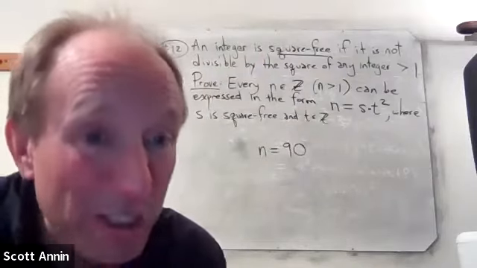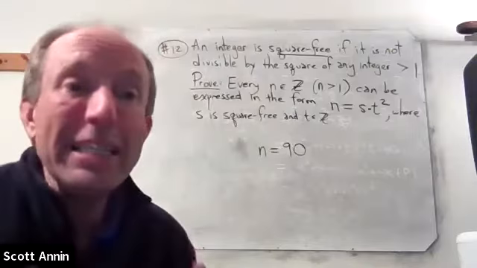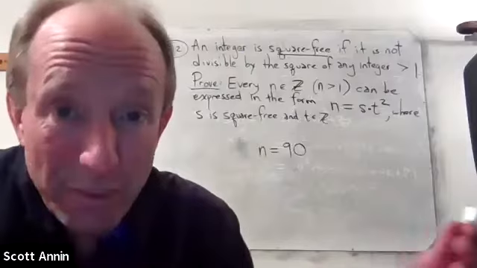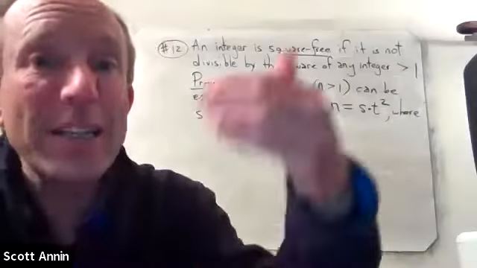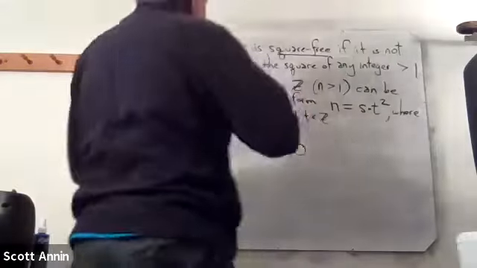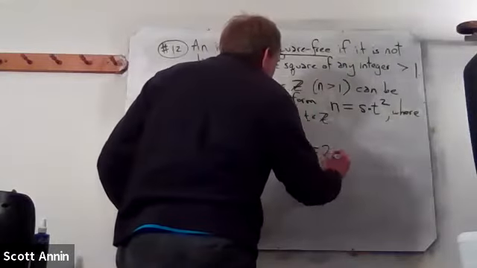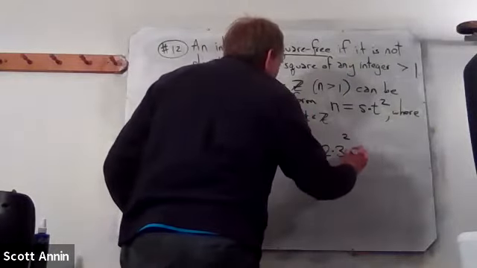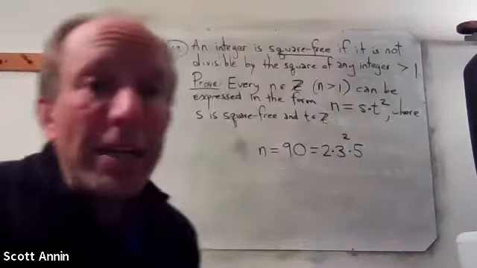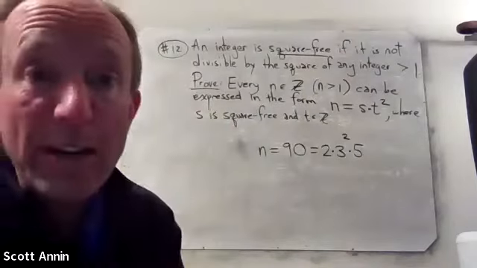It's another one of these really important results. It basically says that every number is uniquely factorable as a product of powers of primes. So in this case, you can very quickly figure out this factorization. Just to see an example on the board, this would be 2 times 3 squared times 5.